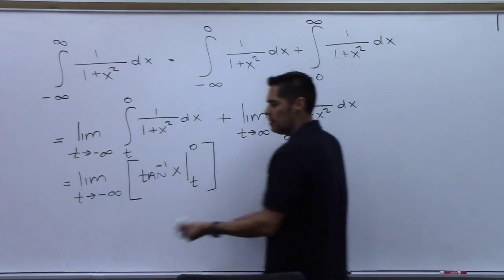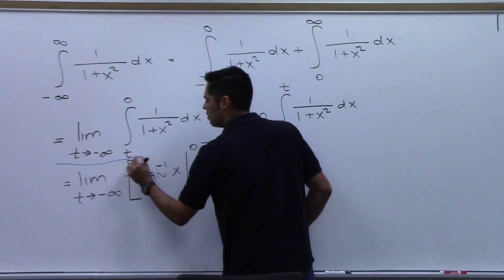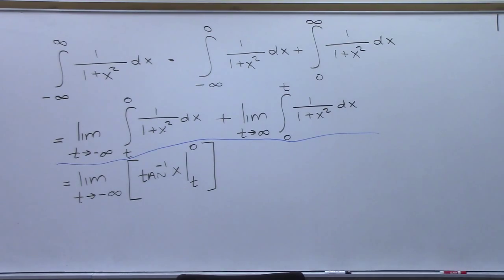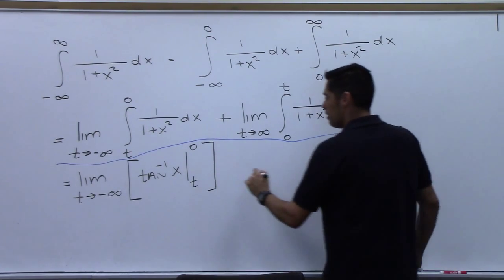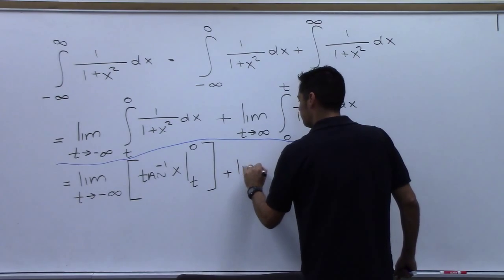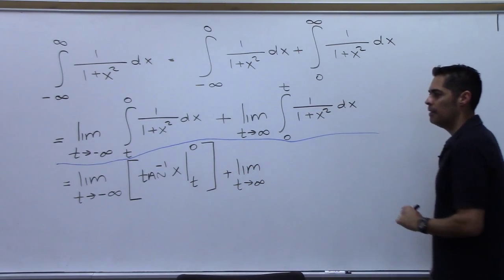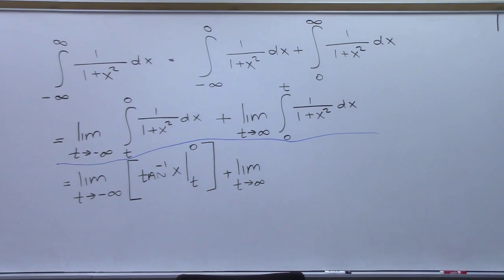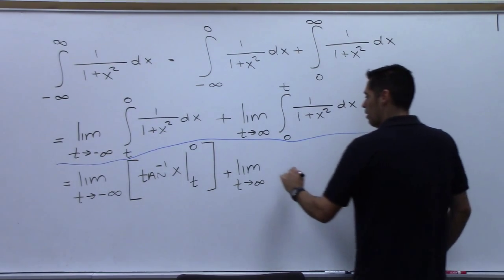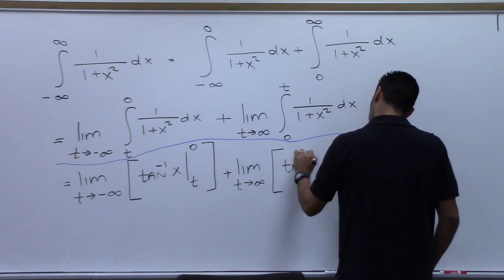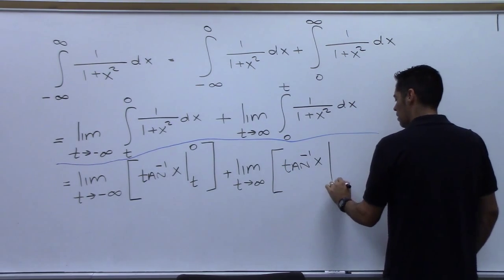Sorry, I'm trying to keep this up high so you can see it. This is my line right there. And then plus limit t goes to infinity of arctan x, this little bar, 0 to t.